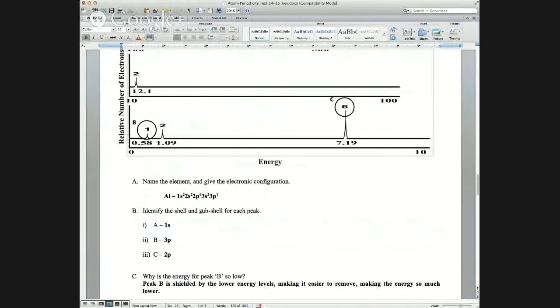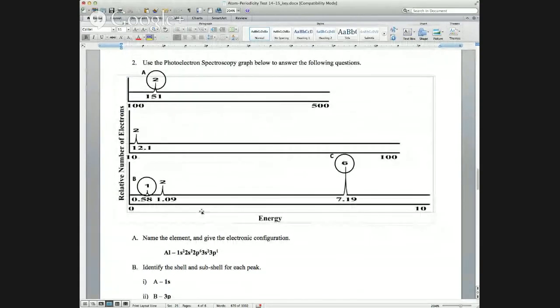So C was why is the energy for peak B so low? And we labeled them here A, C, B. In my earlier explanation, I explained that the height of the peak correlates to the number of electrons, and it even has the number 1 on it. So that tells you there's only 1 electron in that.